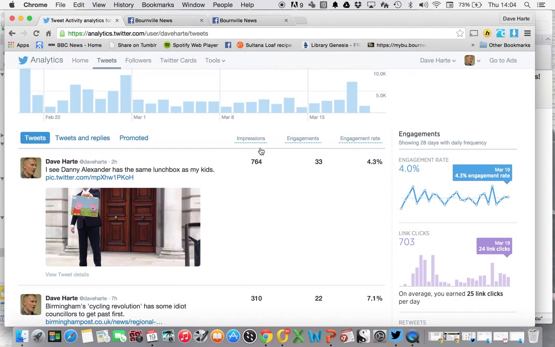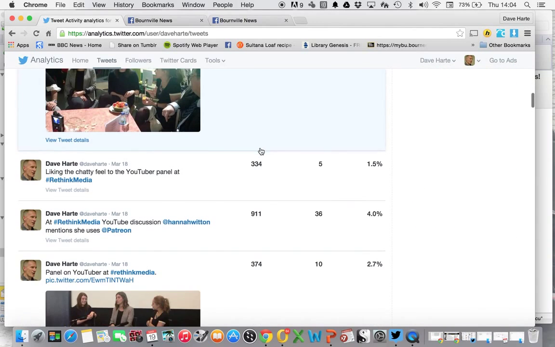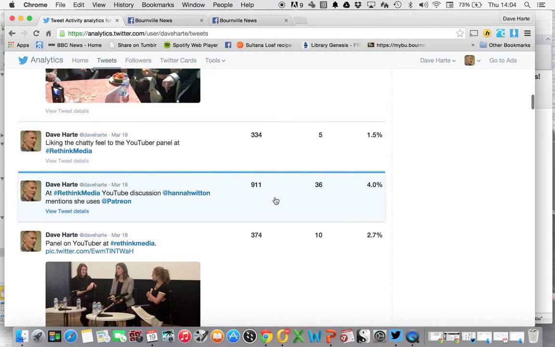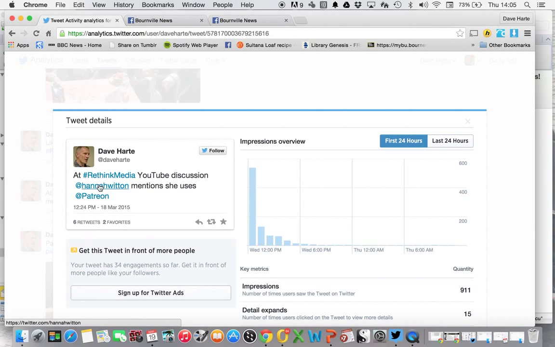eyeballs on your content. Okay, the other thing to think about is who you're tagging. So here, for example, I'm tagging, I'm mentioning, let's call it tagging or mentioning, somebody called Hannah Witten, and this platform she uses. So my hope there maybe was that Hannah would retweet it, and this platform called Patreon would retweet it.